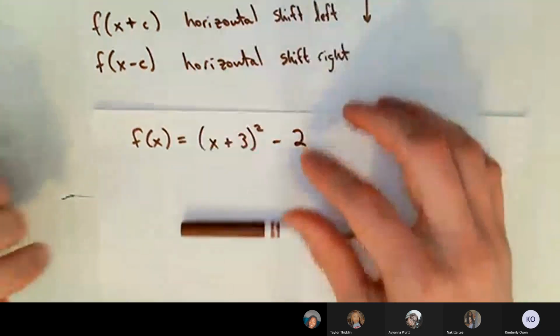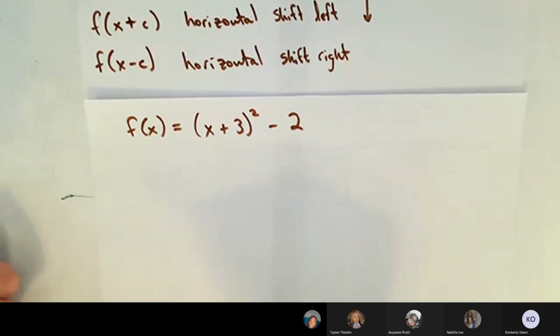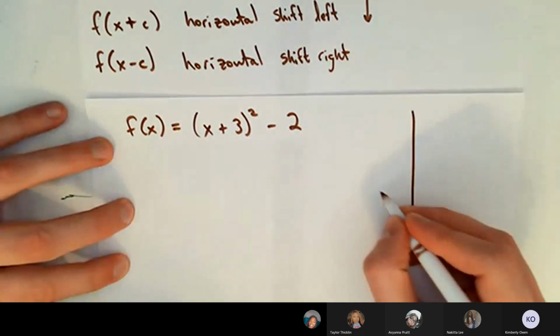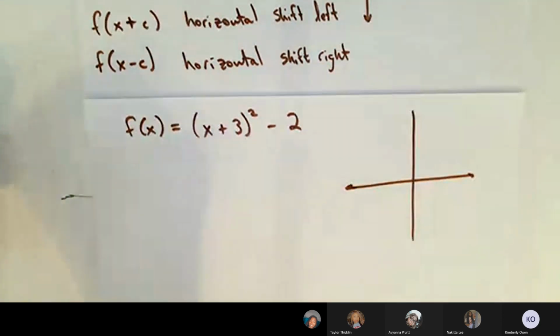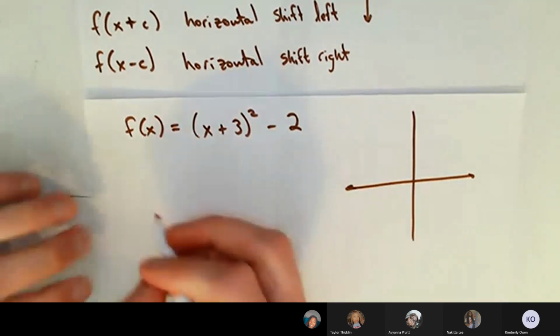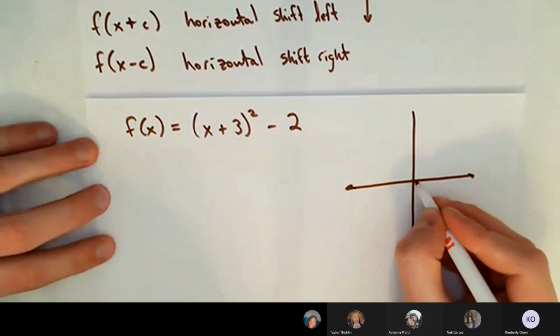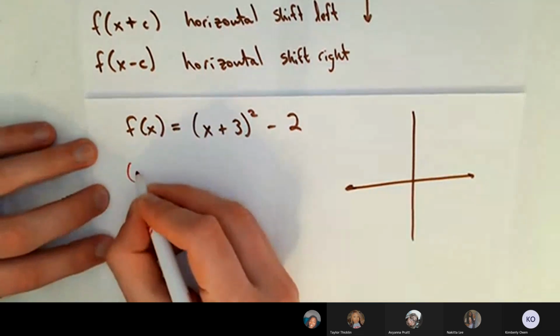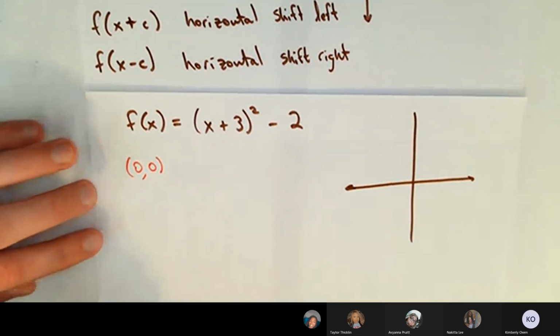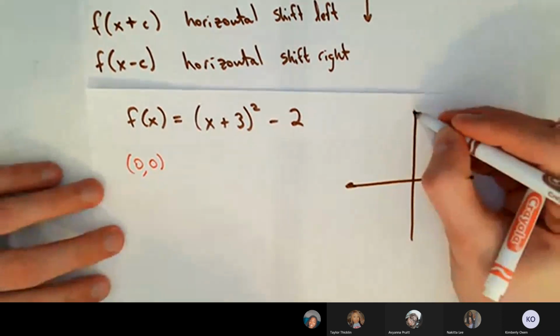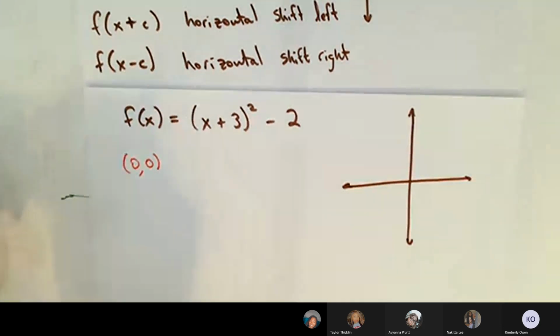So where does that put this shape? Well, again, it can be helpful to note where that origin point went. So let me write that down. The original origin point of the graph right there is at 0, 0. That's what we call the vertex of the parabola. But it's just a nice point to note.